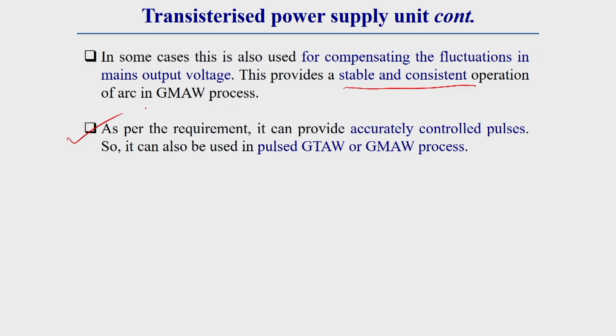Now, as per the requirement, this power supply can provide accurately controlled pulse. So, it can also be used in the pulse GTAW or GMAW process. That means pulse mode power supply. By using this power supply we can get constant current power source characteristics.